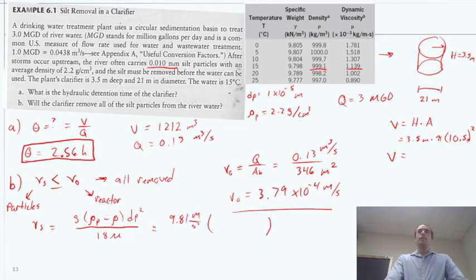In any reasonable range, we know that A, the particle has to be more dense than the water in order to sink, and B, it's probably going to be kind of similar. It's not like we're dropping a little piece of lead. So it's going to probably be in the range.